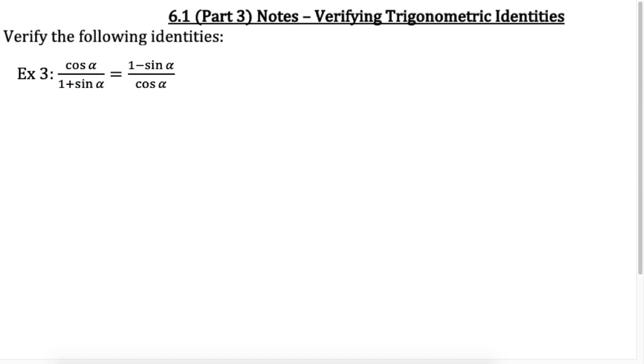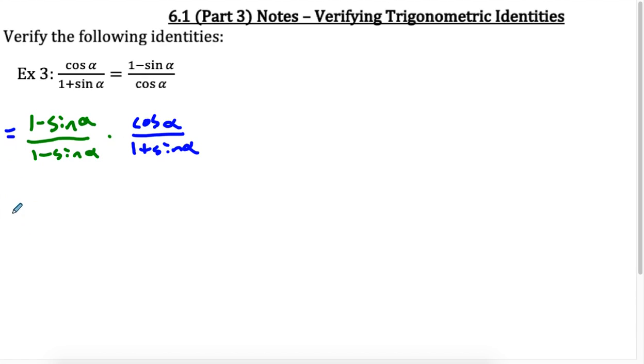Let's multiply numerator and denominator by the conjugate. So I'm going to multiply numerator and denominator by 1 minus sine of alpha, times cosine of alpha over 1 plus sine of alpha.